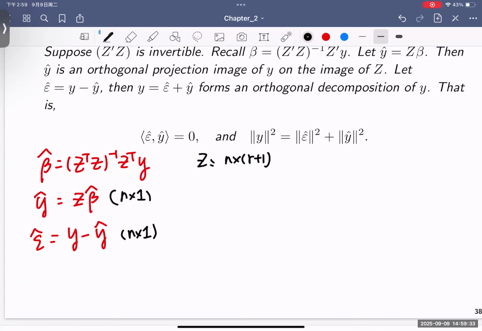So therefore, we can treat Z as a 1, Z1 until Zr, standing for everybody's 1 and everybody's first feature, until everybody's r-th feature. Now we will consider that these features will span a space. Okay, span a space.